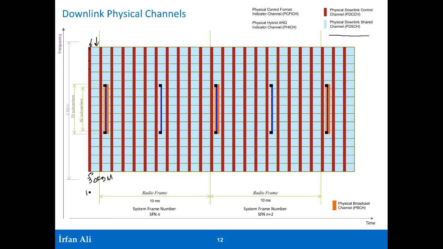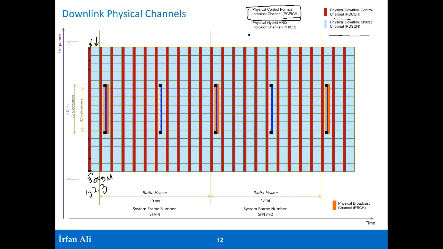It can be either 1, 2, or 3, and the physical control format indicator actually tells the mobile whether the physical downlink control channel is 1 OFDM symbol wide or 2 or 3. So it's an important bit of information that is carried in some specific places in the very first OFDM symbol of every subframe.